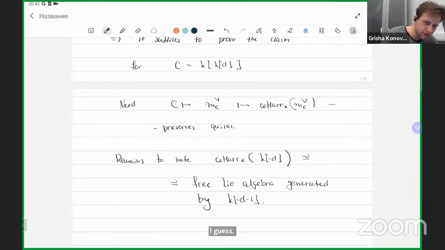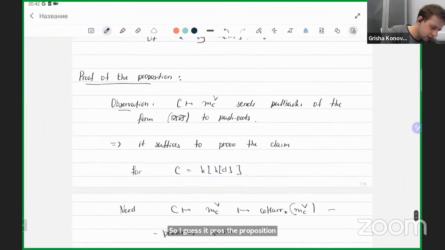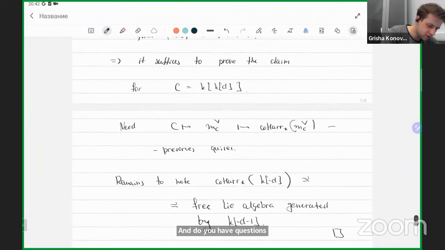And this obviously preserves quasi-isomorphisms. So I guess it proves the proposition. And do you have questions about that?